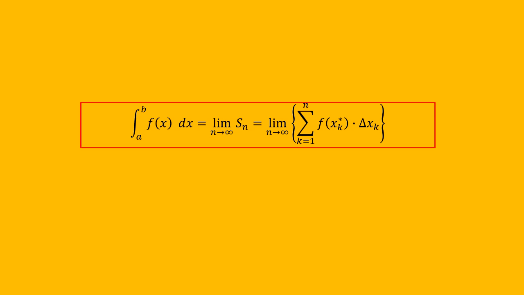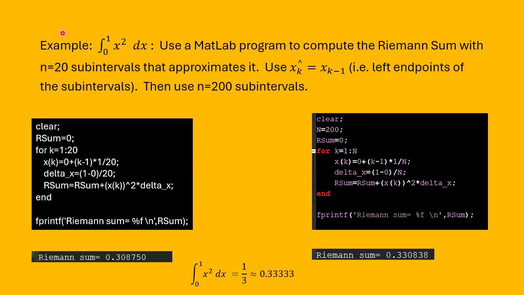Let's look at an example of computing these types of Riemann sums. Let's look at the integral from 0 to 1 of x squared dx. Let's use a MATLAB program to compute the Riemann sum with n equals 20 subintervals to approximate this integral.